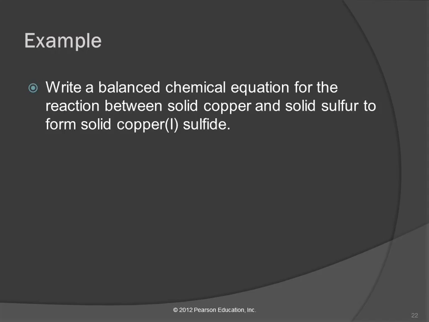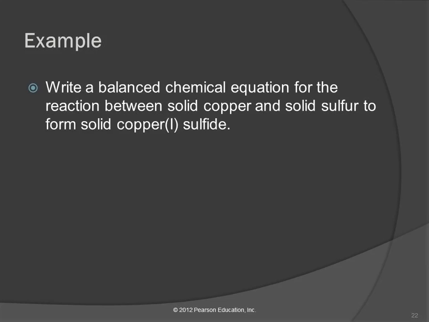Write a balanced chemical equation for the reaction between solid copper and solid sulfur to form solid copper 1 sulfide. So some of the questions, they're going to force you to practice your nomenclature by giving you names of the compounds instead of the formulas. So here we've got solid copper and solid sulfur.